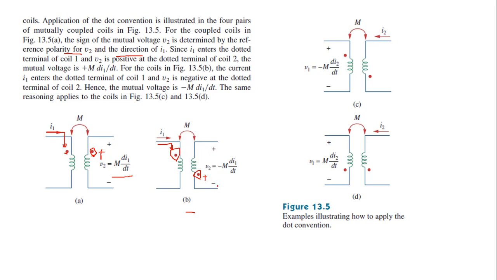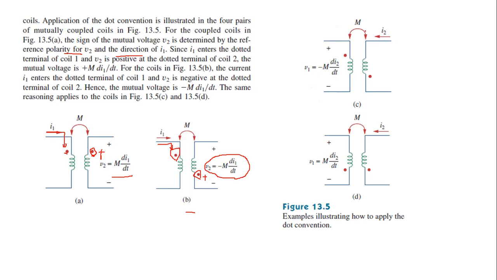But the reference here is such that this is negative. So this is opposing. So here we get plus but it is assumed as minus, so the voltage is negative. V2 is equal to minus M di1 by dt.